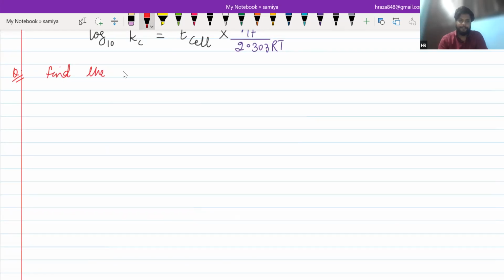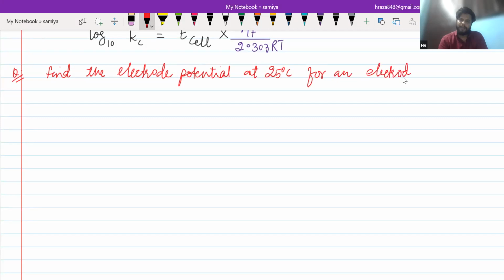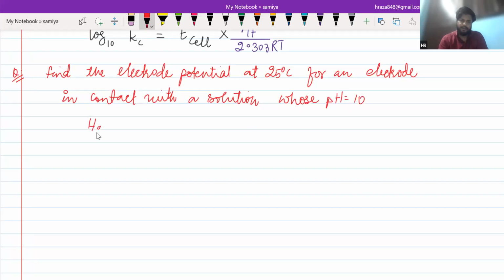Find the electrode potential at 25 degrees centigrade for an electrode in contact with a solution whose pH equals 10, and the reaction is given as H2 / H plus in aqueous, and it is also given that pressure is 1 atm. Please do this question.